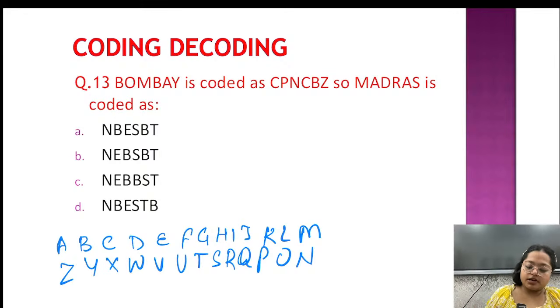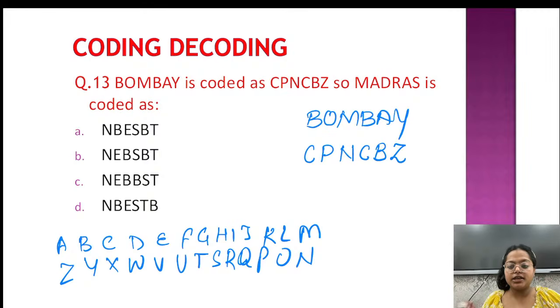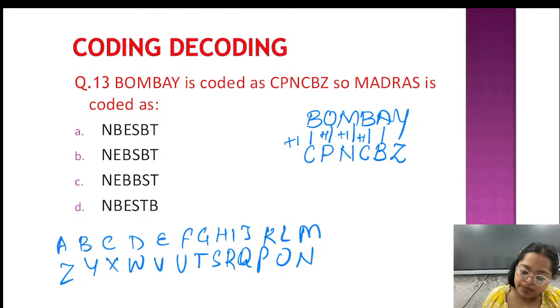Now Bombay is coded as CPNCBZ. So is there any kind of logic? B to C plus 1, O to P plus 1, M to N plus 1, B to C plus 1, A to B plus 1, Y to Z plus 1.